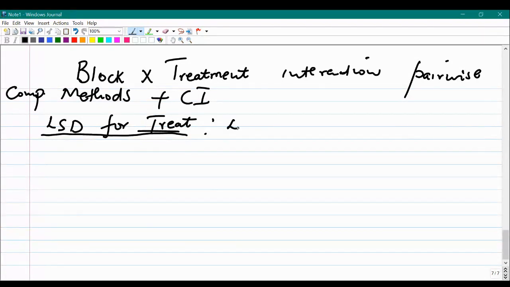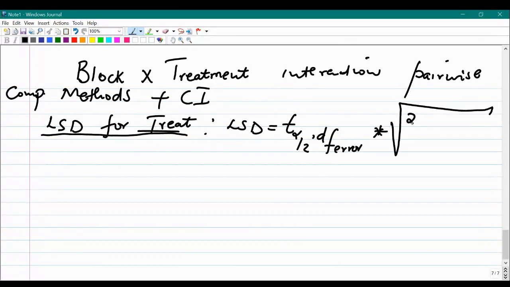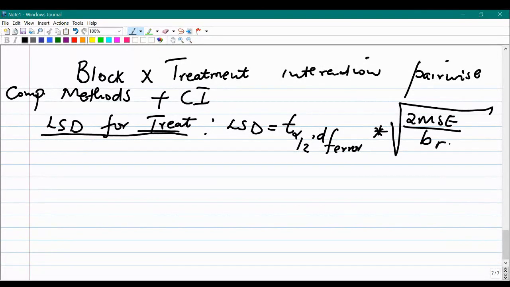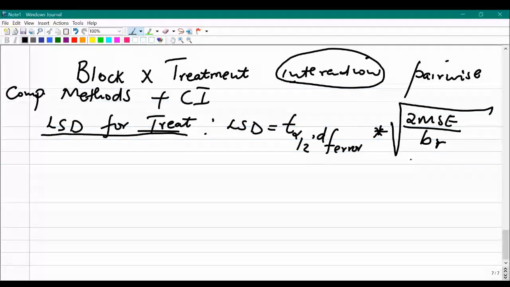So the LSD will be given by T alpha over 2 degrees of freedom of error multiplied by the square root of 2 MSE over BR. Why now? Because we have the interaction, isn't it? Because now we modify that formula. Before you get to the interaction, you are saying 2MSE divided by B. So this is for the treatment.